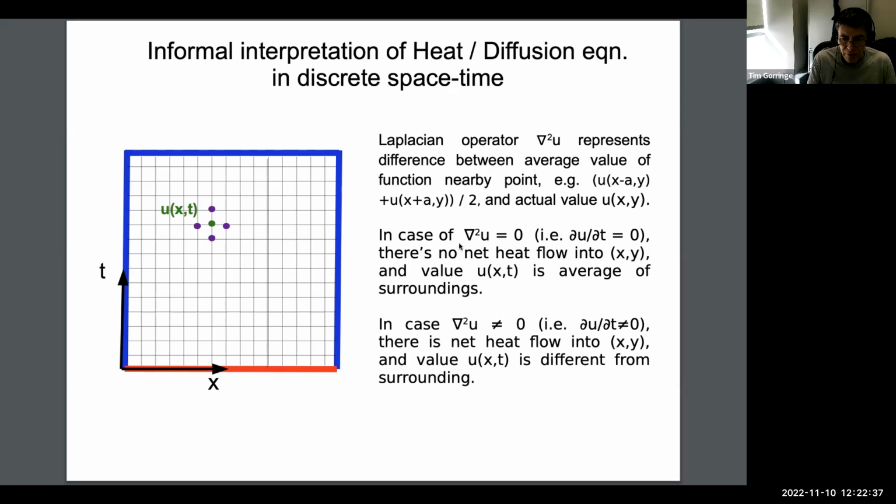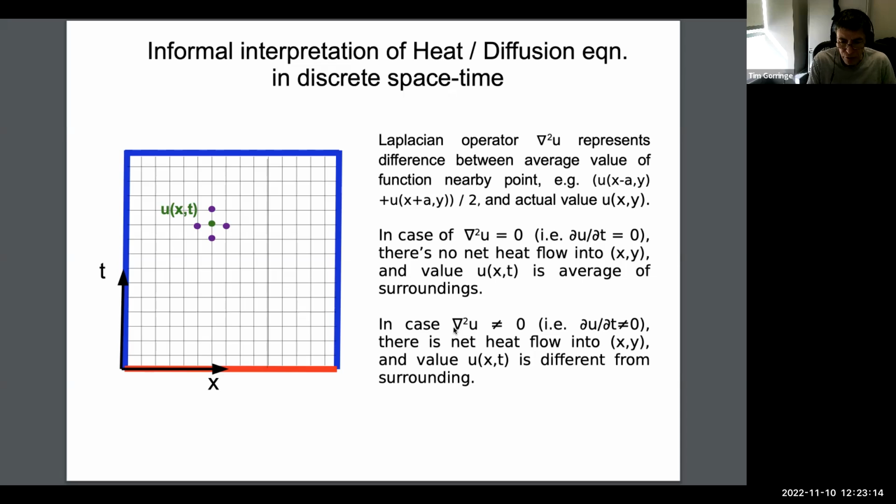If, in our case, the diffusion equation said that the Laplacian of the temperature was equal to 0, that would be the case when no heat is flowing in or out of this point here. That would correspond to this green point literally being the average of these two neighboring points. And that's the case when no net heat is flowing into this green point, no net heat is flowing out of this green point. We're in a steady state at this green point.